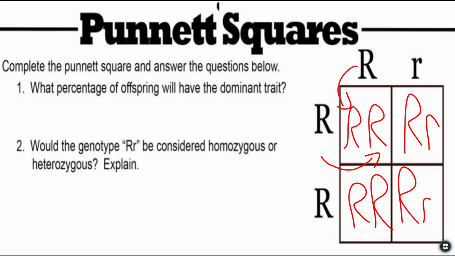Now, from here, we need to determine what is the probability that an offspring will look a certain way. Remember this term dominant. This term dominant means capital. So they want to know what percentage of offspring will have a dominant trait. So we need to count how many boxes have at least one dominant allele.